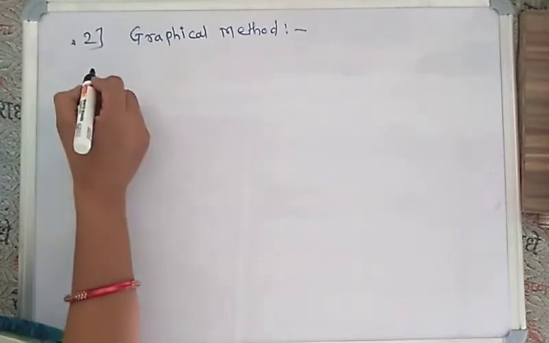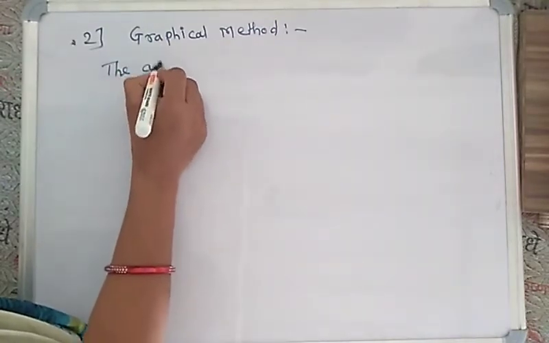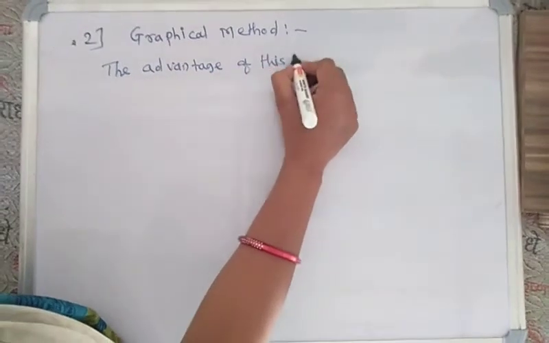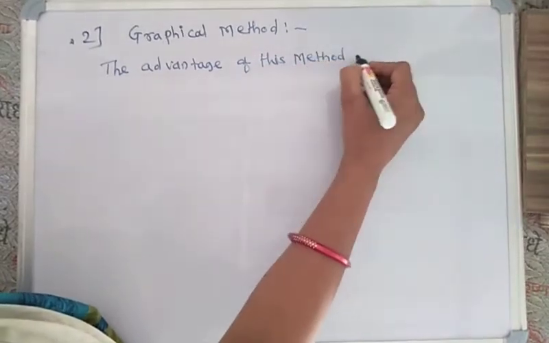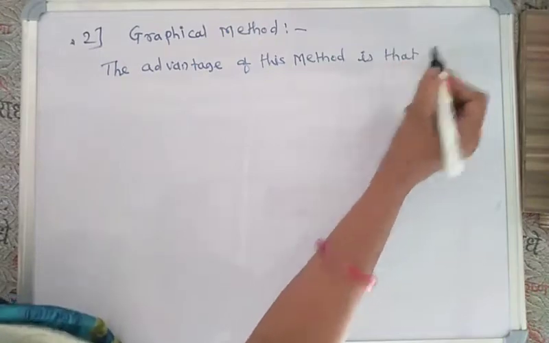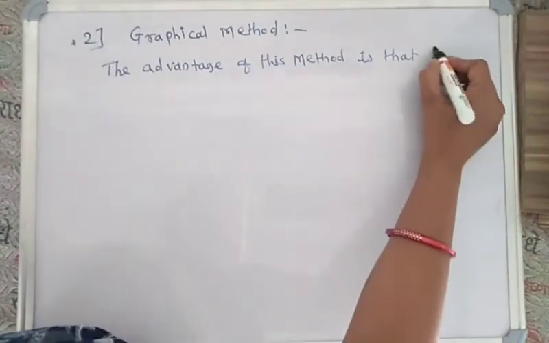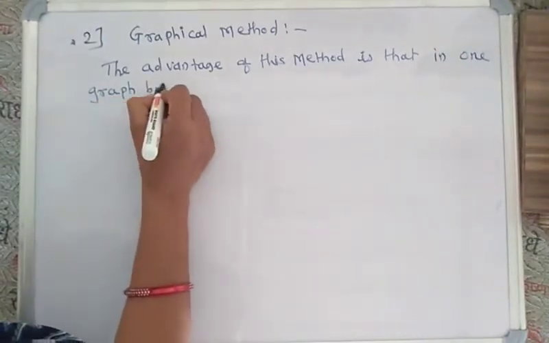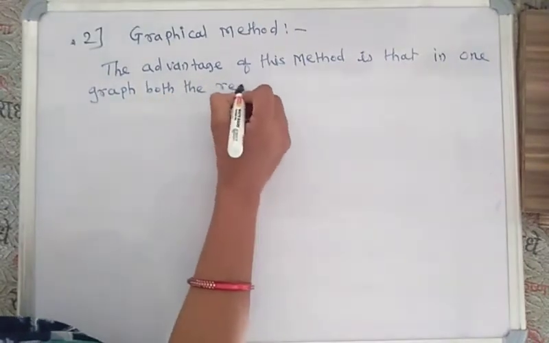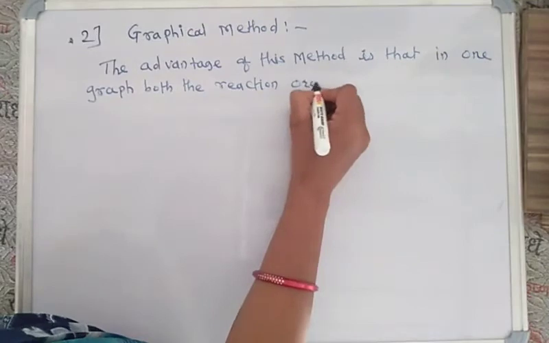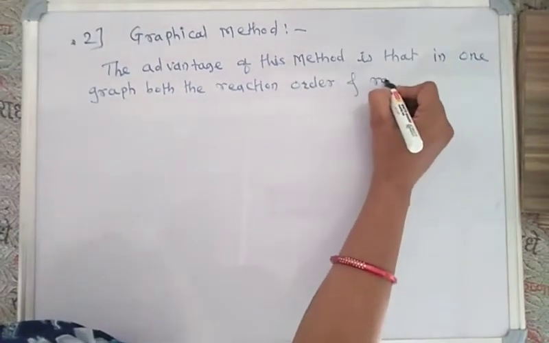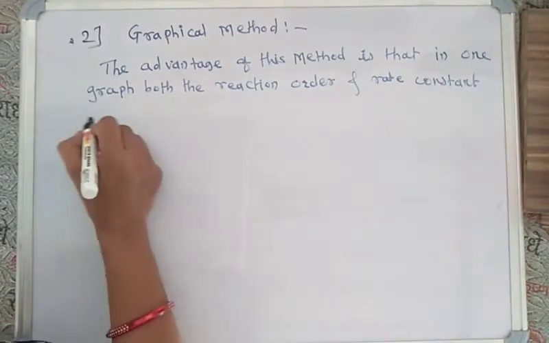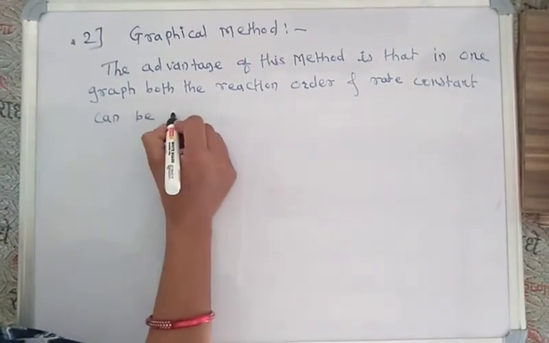The advantage of this method is that in one graph both the reaction order and the rate constant can be determined.